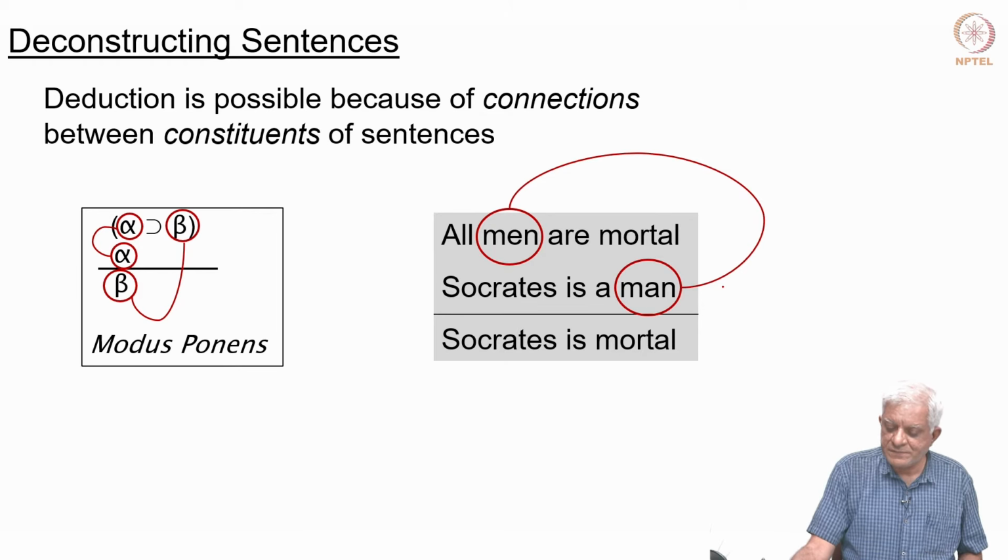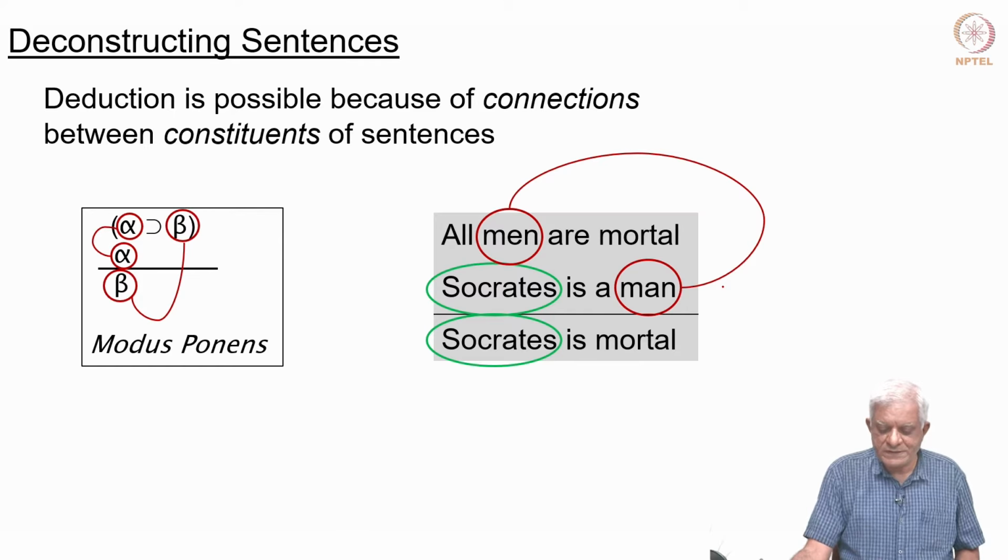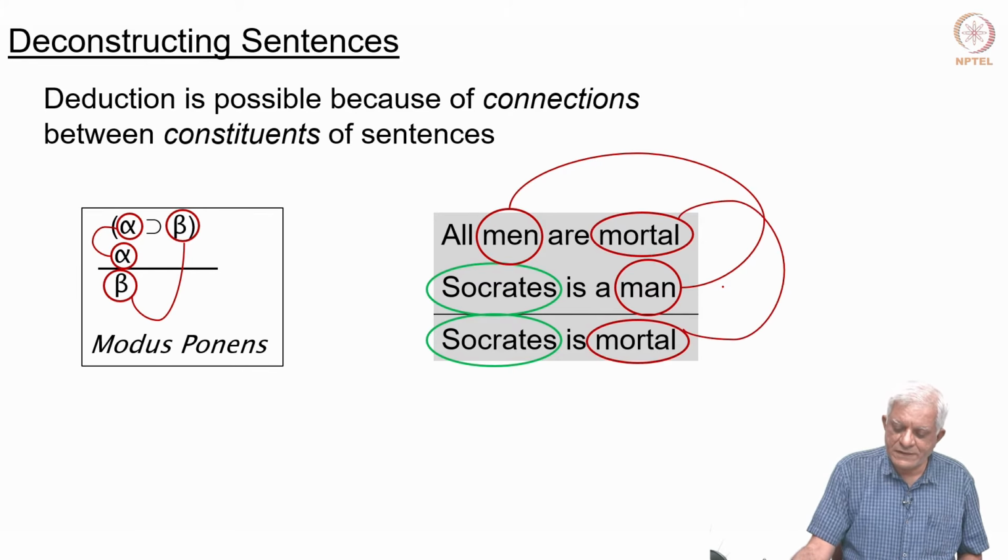For example, we are talking about men in both sentences, we are talking about an individual called Socrates in both sentences, and we are talking about the property of mortality in both sentences. It is the interaction between these things that lets us recognize which are valid forms of reasoning and which are not. So, we need to peer into sentences and break them into smaller parts, and then the reasoning will be possible.